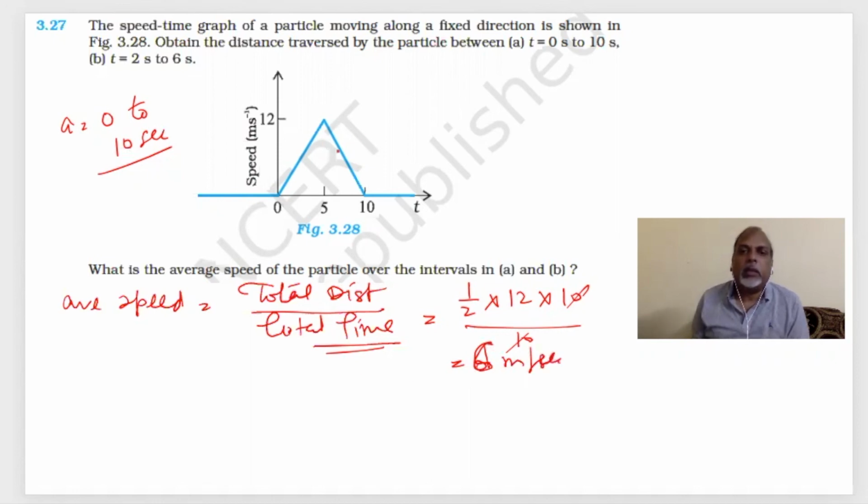In the next part, suppose this is 2 and this is 6. So in this, we have to find out the average. So this area we can find out.